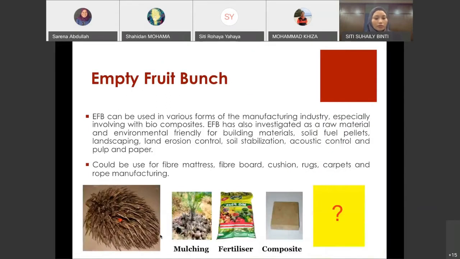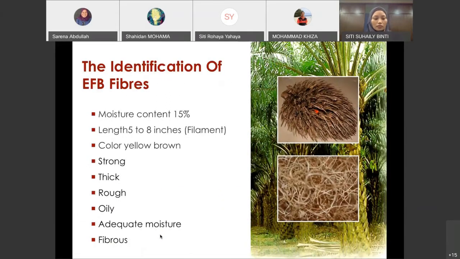This is the identification of EFB fibers, which is moisture content and length of the fibers. These are filament fibers. The color, strong, thick, rough, oily, adequate moisture, and fibrous. Okay, these are all the properties of EFB fibers.